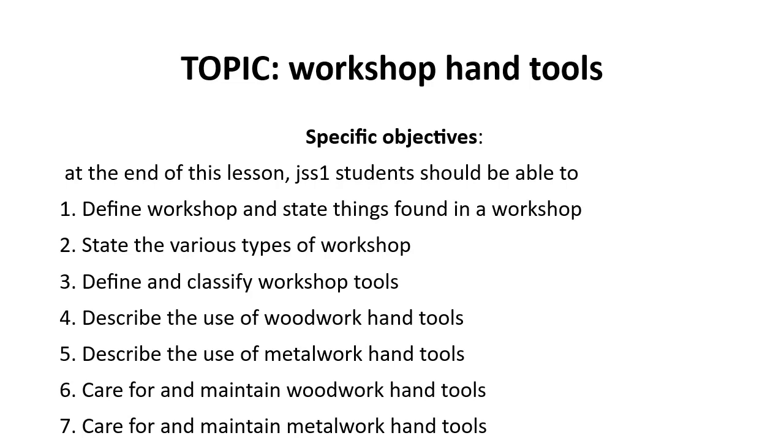The student should be able to describe the use of workshop hand tools. 5. The student should be able to describe the use of metalwork hand tools. 6. The student should be able to care for and maintain workshop hand tools. And finally, 7. The student should be able to care for and maintain metalwork hand tools.